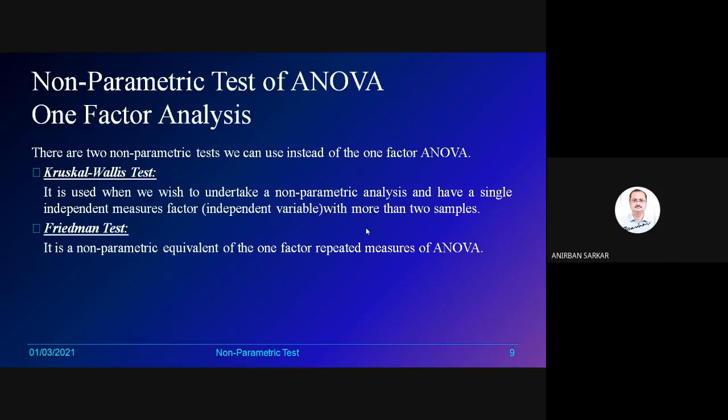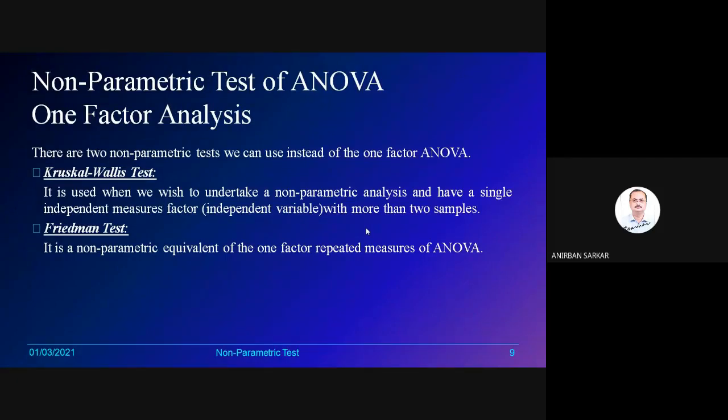And suppose you have ordinal data, but you are very confident that you have used the entire scale, and though it is an ordinal scale, your data is interval in nature. If you are so confident, then you can apply the parametric test. But if you are not confident, and you feel that you have not used the entire scale, then in case of ordinal data it is very safe to use non-parametric tests.